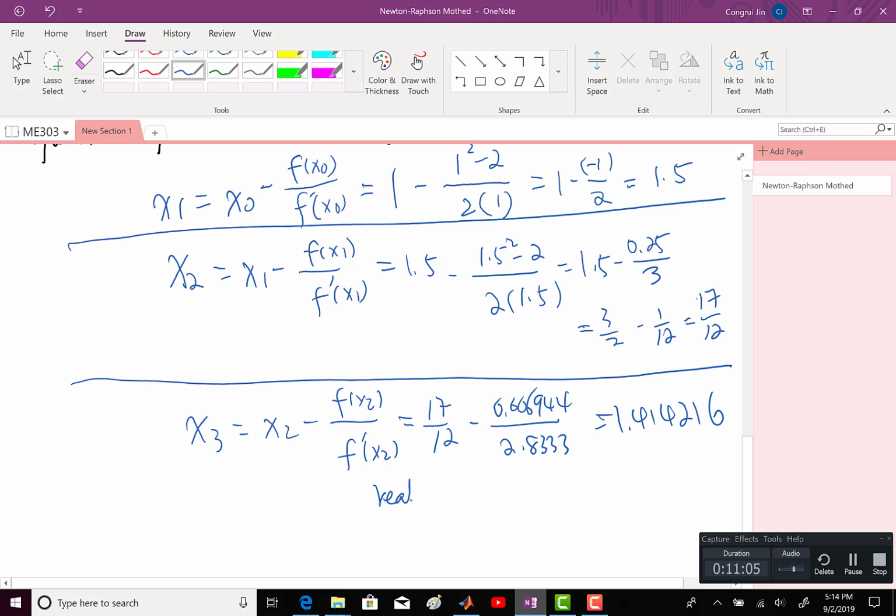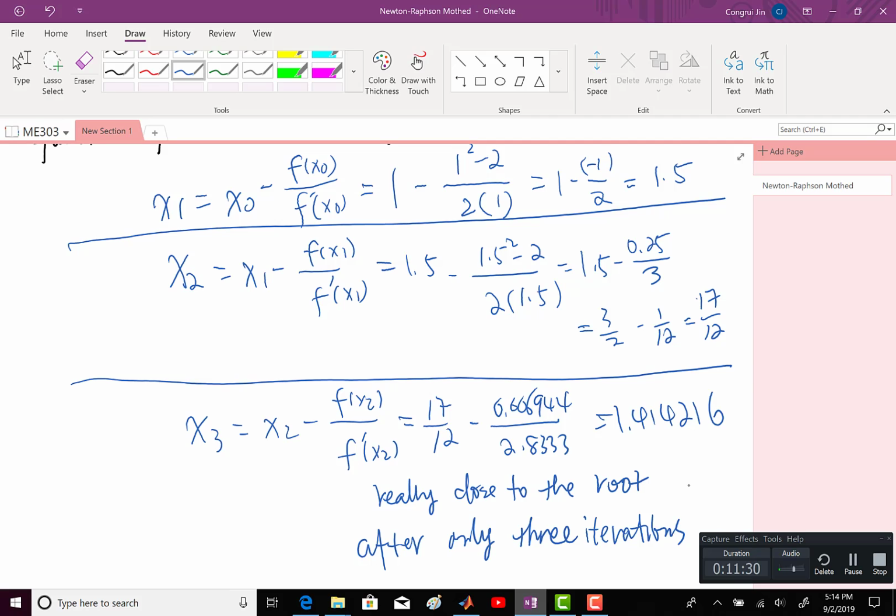It becomes really close to the root after only 3 iterations. All right. In the next video, we will talk about the halting condition of the Newton-Raphson method.